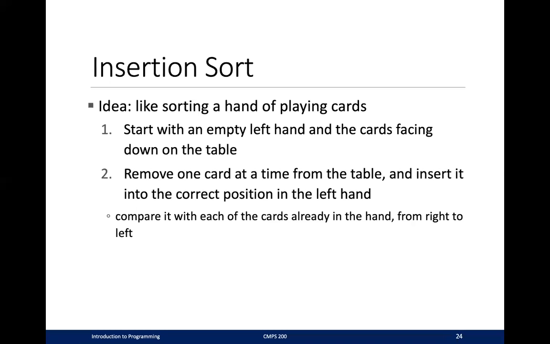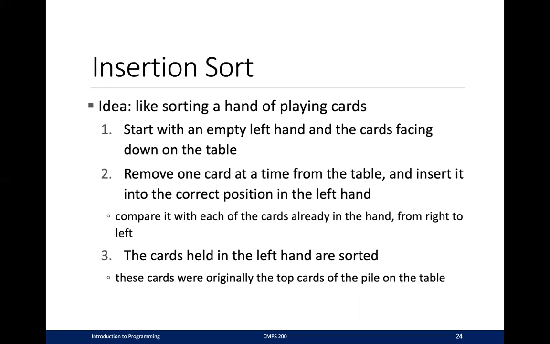The cards in my left hand are already sorted, and now I'm picking a new card. I go from right to left on the sorted cards and see where it fits. If it's smaller than the card, I move to the previous card, and so on until I find the right position and then place the new card. Then the cards in the left hand are sorted, and I keep repeating this until I finish all the cards.